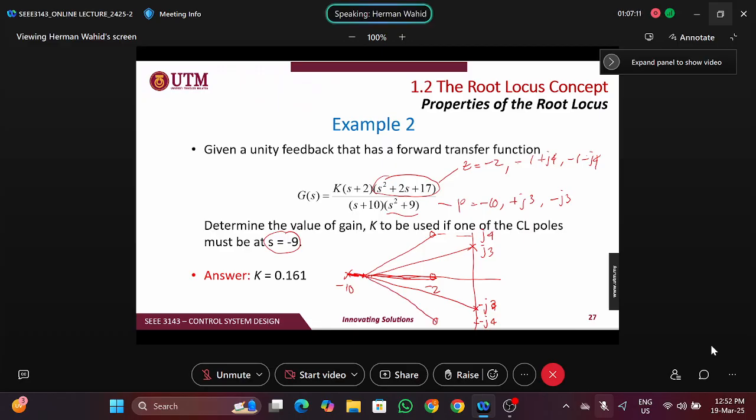Okay, next we define the angle. So let's say I start with the zero, theta 1. So this is theta 2. This is theta 3.